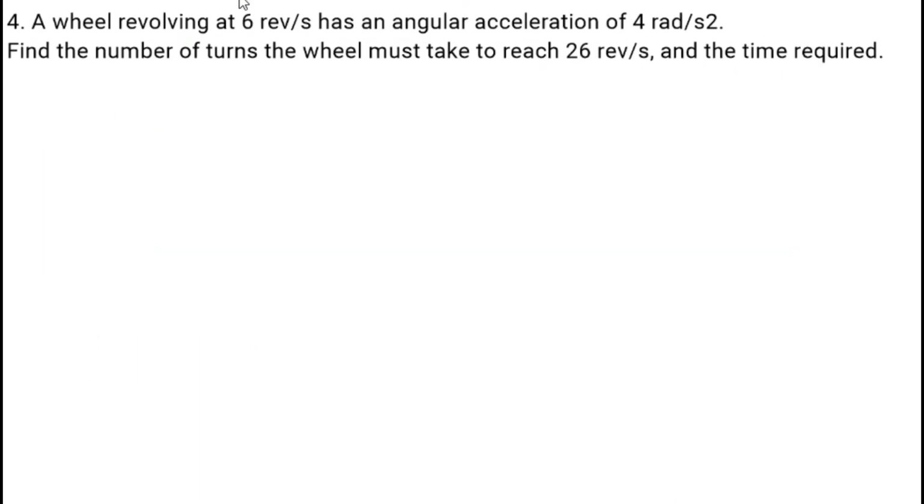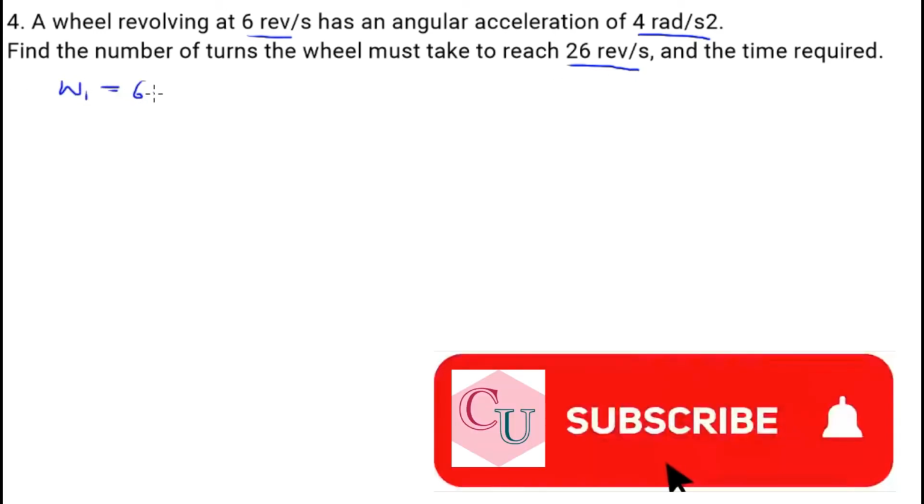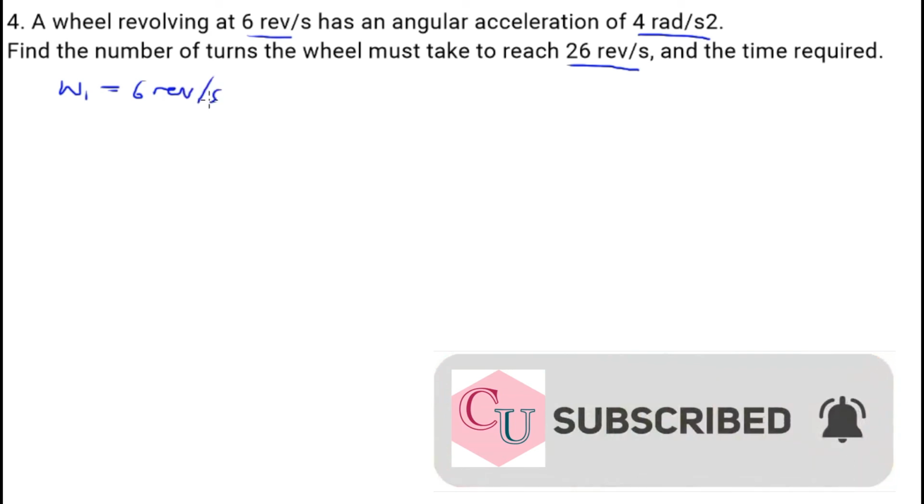A wheel revolving at 6 revolutions per second has an angular acceleration of 4 rad per second squared. Find the number of turns the wheel must take to reach 26. So that means omega 1 is given as 6 revolution per second.